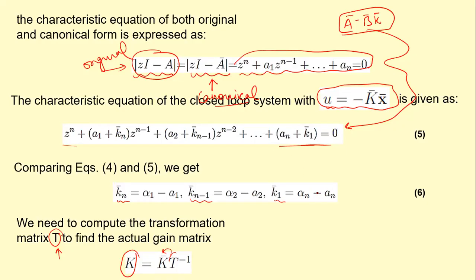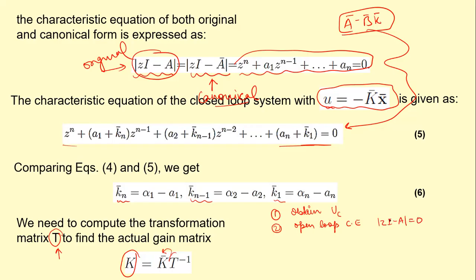If we have to summarize the whole concept in some steps: the first step is to obtain U_C, the controllability matrix. The second step is to check the open loop characteristic equation, which is zI minus A is equal to 0.